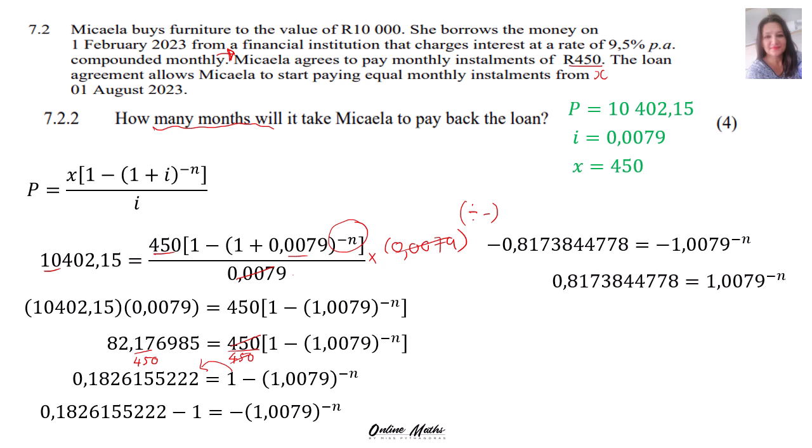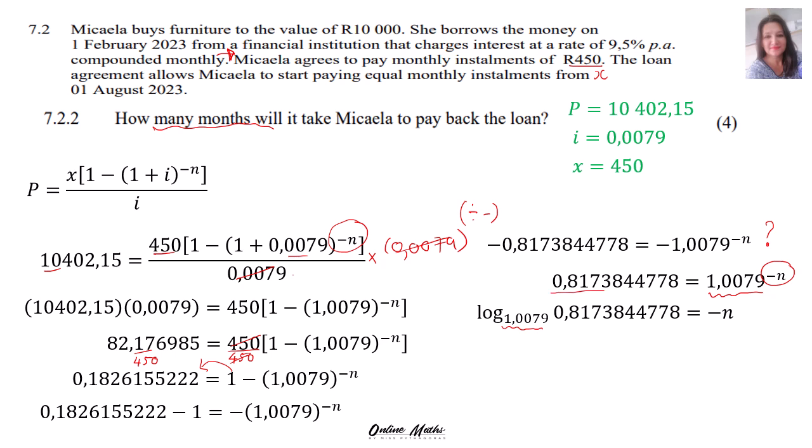So now you want to find the value of n. And remember, when you can't do something in exponential form, then you take it to logarithmic form. So this is where you will say log. The base of the exponent becomes the base of the logarithm.